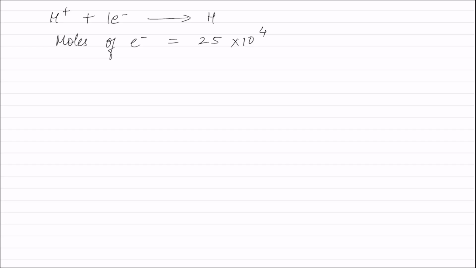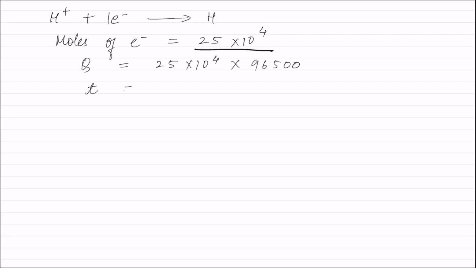Now charge carried by 1 mole of electrons is 96500 coulombs. Therefore, the total charge carried by 25 × 10^4 moles of electron, that is Q, will be equal to 25 × 10^4 × 96500 coulombs.